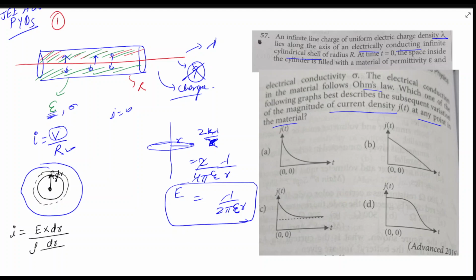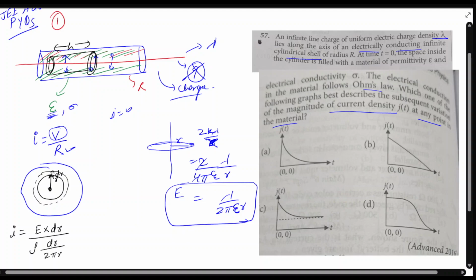The current is passing through this distance, and the area we have to take is the perpendicular one. So this integrating element should look like this. This is our h, this is 2 pi r, so the area is 2 pi r into h.